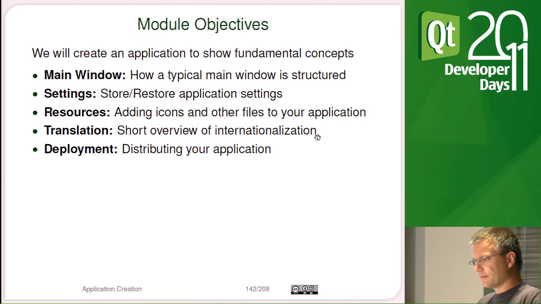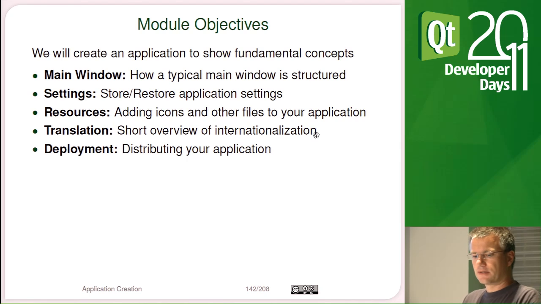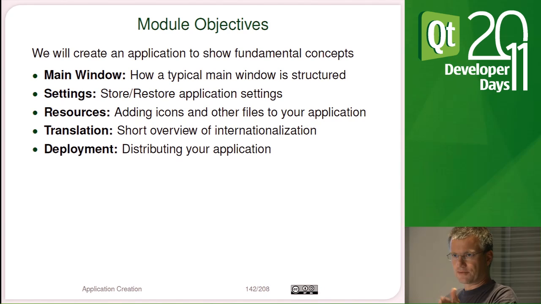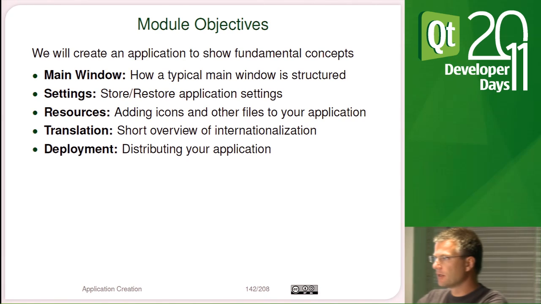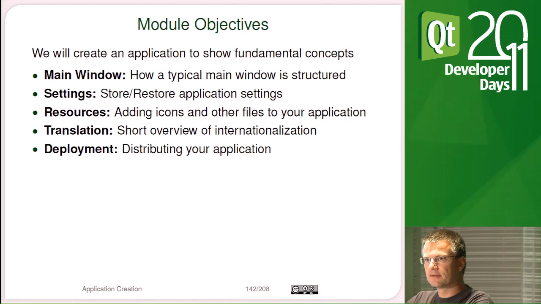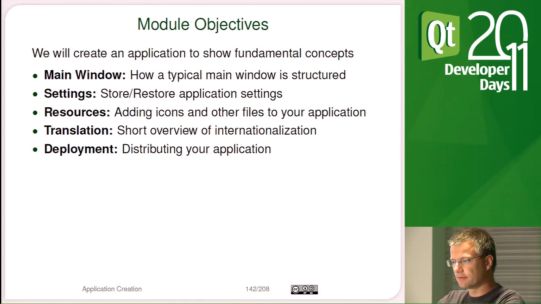And then we think about application settings: how can we store some application data? And you already said something about pixmaps. Normally, we don't want to deploy the pixmaps. So we'd like to add the pixmaps to the resources. How can we do that?